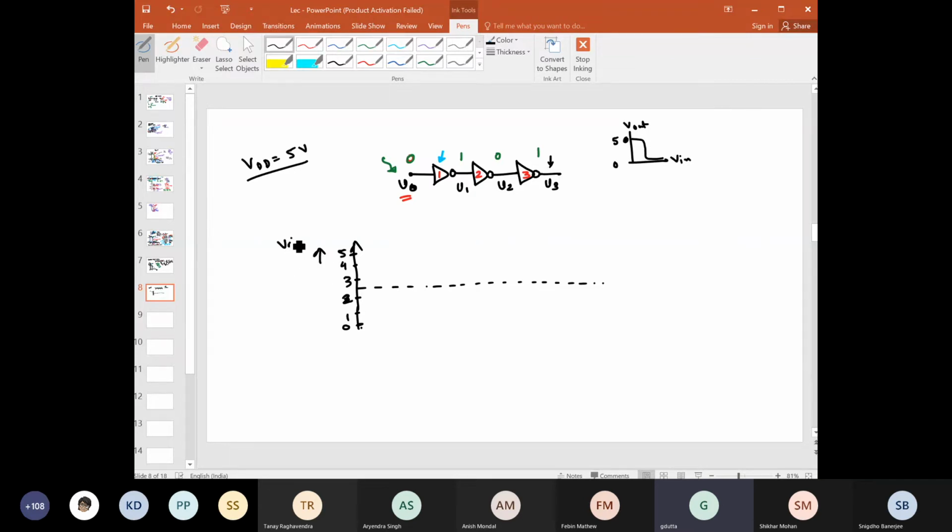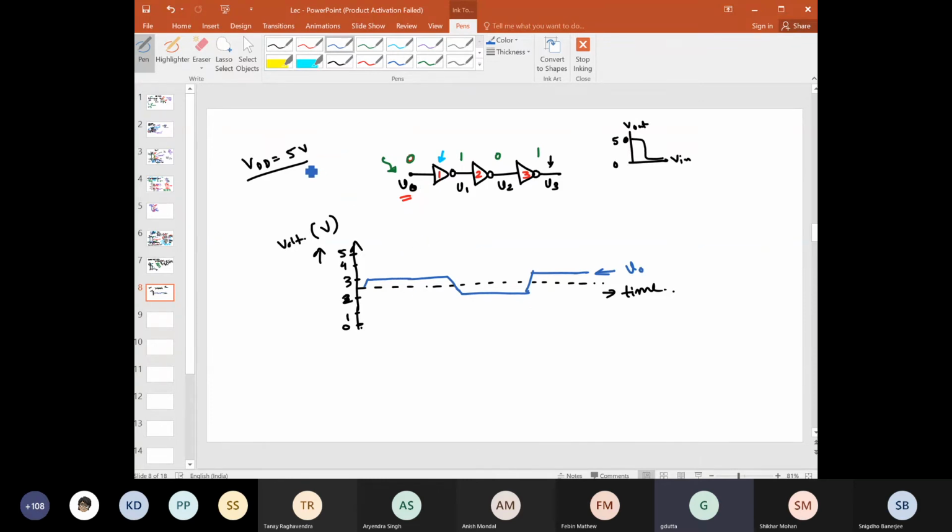This is the signal that we have applied here. This is the volt and this is time. Say that this V naught is, maybe I can use some different color so that it will be clear to you. So suppose this blue one is this V naught. V naught is this one, right?